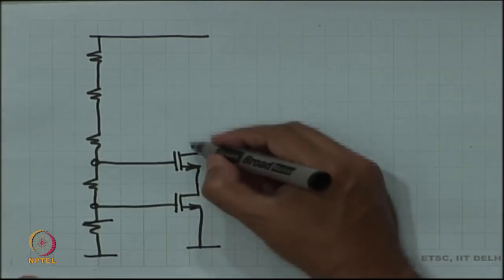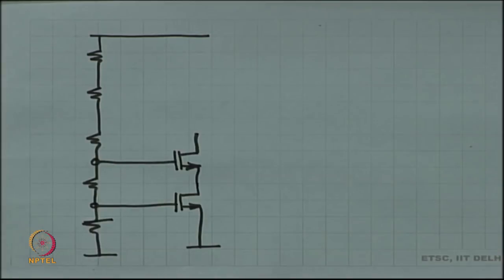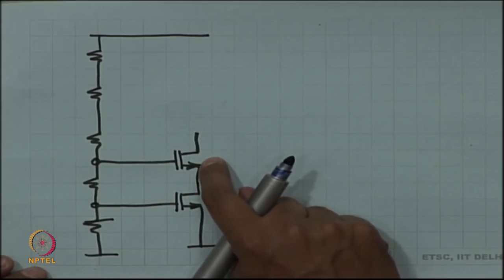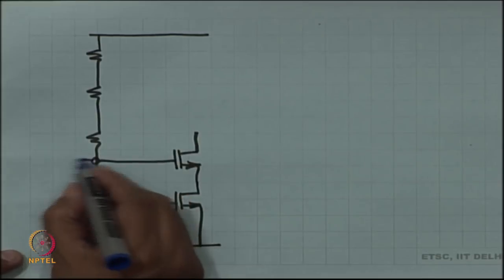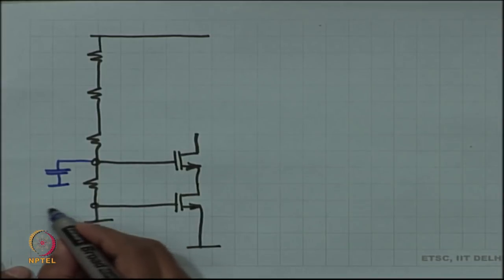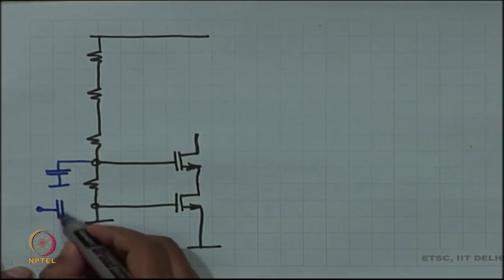This was the cascode amplifier, all right, and the cascode amplifier has the first stage as common source, the next stage as common gate. The gate is grounded. So, it is common gate, the first stage is common source.